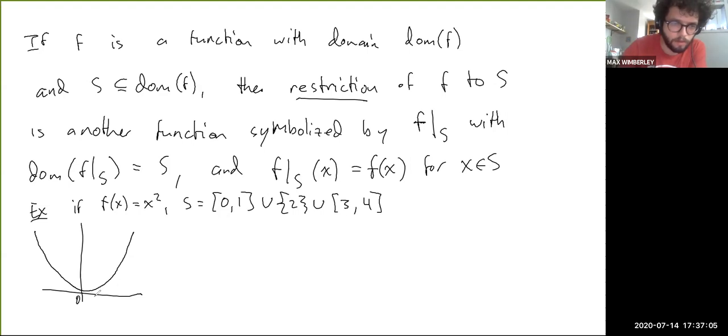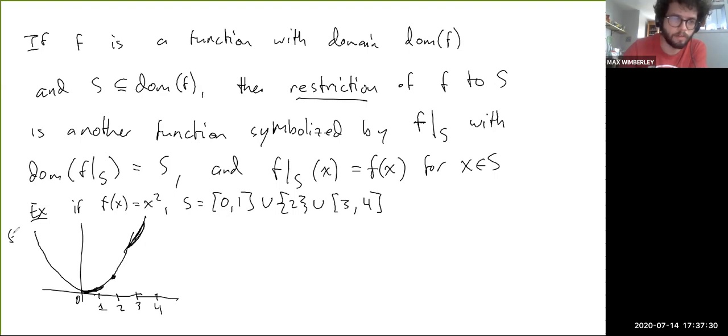If this is 0, 1, 2, 3, 4, then we'll have this, and then that, and then this.